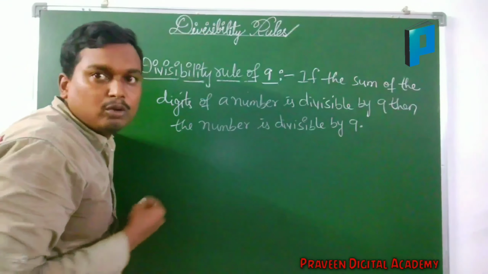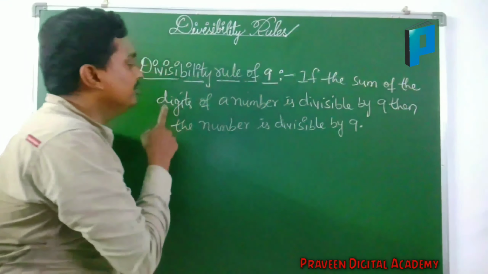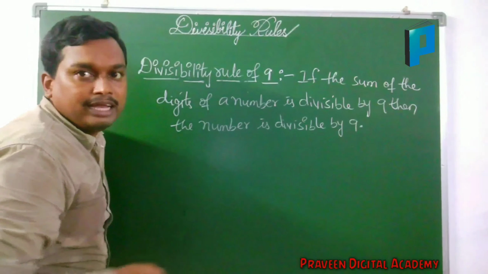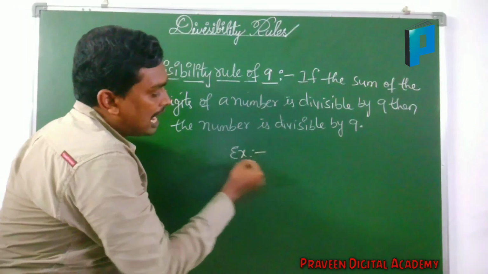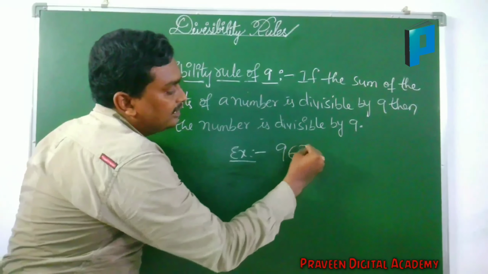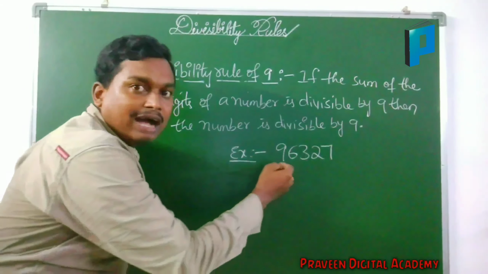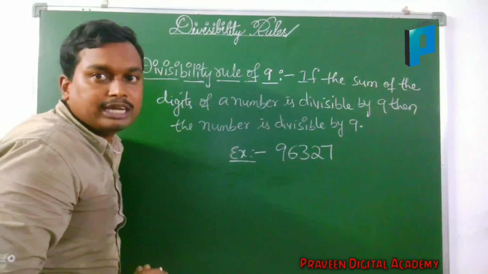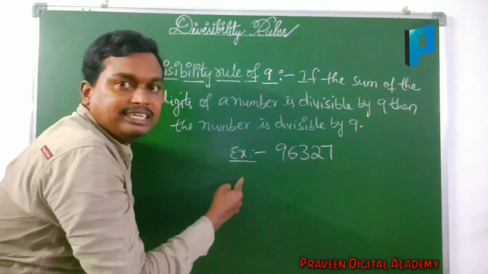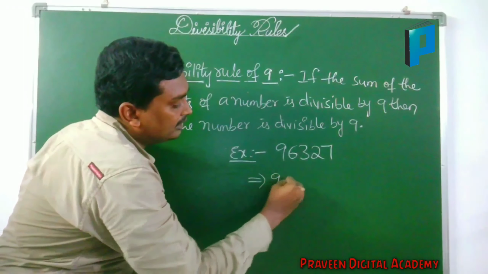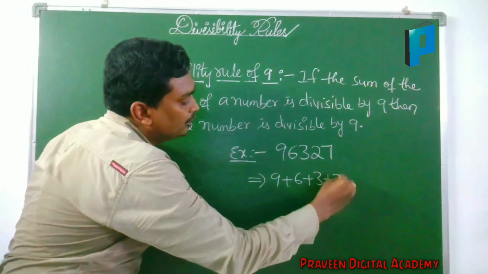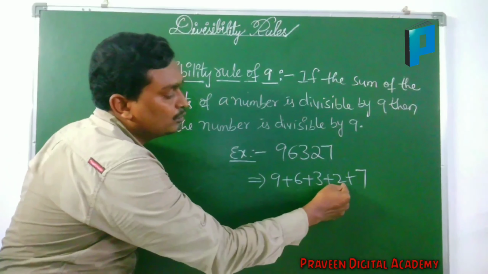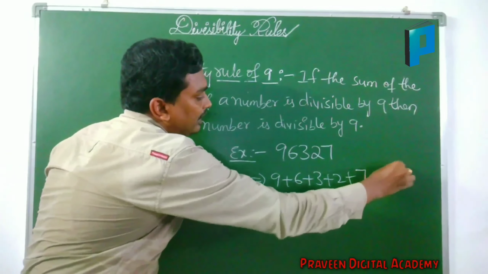For example, if you are having a number like this, 9, 6, 3, 2, 7, whether this number is divisible by 9 or not, you should check. How to check it? You add all the digits here. What is the sum of all digits? 9 plus 6 plus 3 plus 2 plus 7. 9 plus 6, 15. 15 plus 3, 18. 18 plus 2, 20. 20 plus 7 is 27.